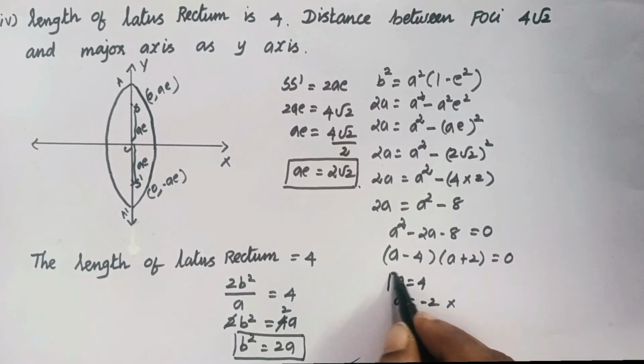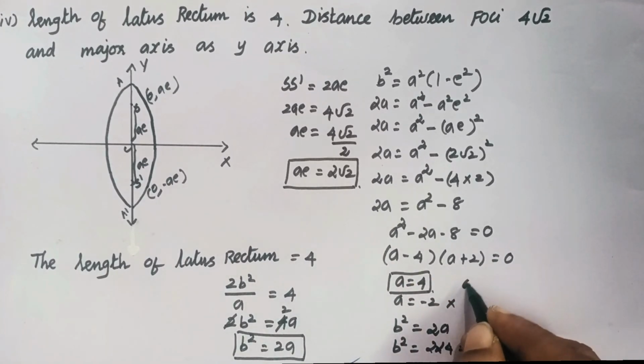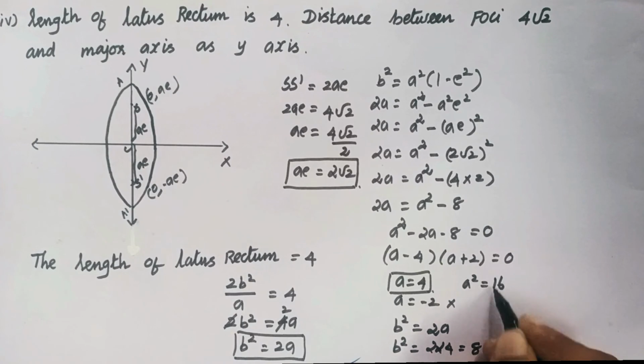You have to take a value as 4. If a value is 4, b squared equals 2a, that is b squared equals 2 fours are 8. So b squared value is 8 and a value is 4, so a squared value is 16.